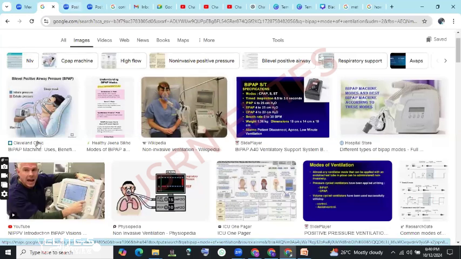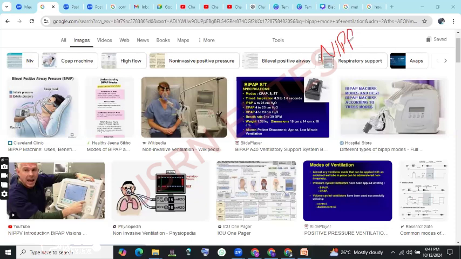So what we spoke about, let me pick my pen here. We said non-invasive positive pressure ventilation. This reminds me of the question our sister asked, the difference between invasive and non-invasive. I think if you are still here, you can appreciate it, right?